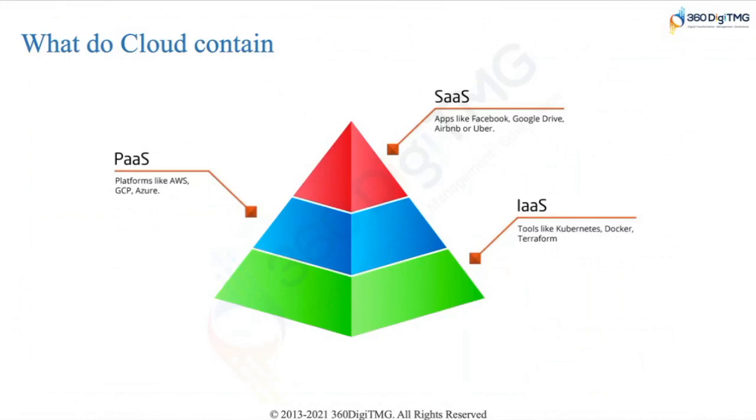Some of you might already be familiar with these terms, but let us brush up again. Whatever things are on demand, cloud provides them, and you can make use of it, build your applications, and pay on a monthly basis.